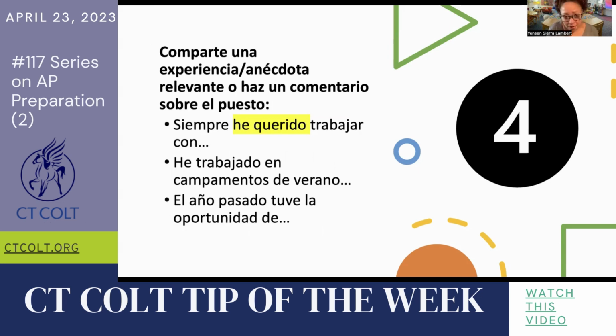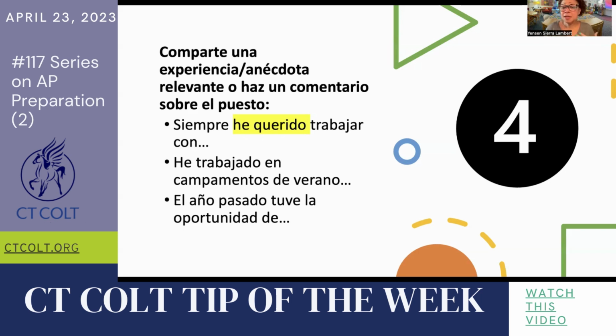Tip number 4, this is a good way to share your knowledge of grammar structures. Like, for example, the present perfect, right? So the email is about either an internship, again, a scholarship, or a job.